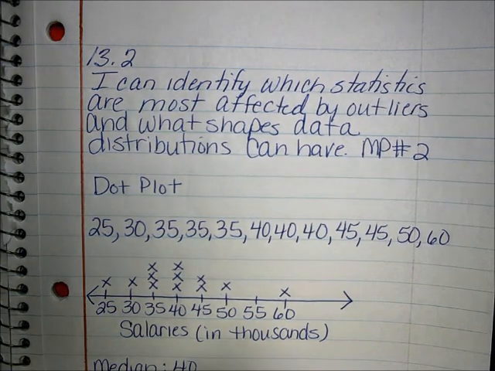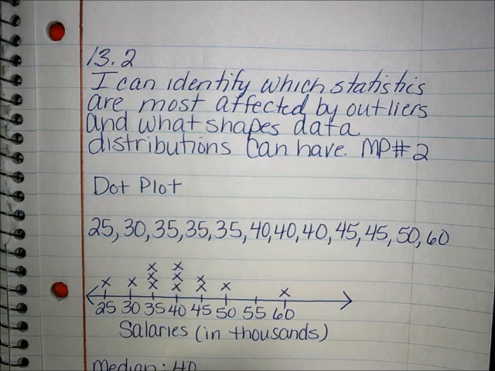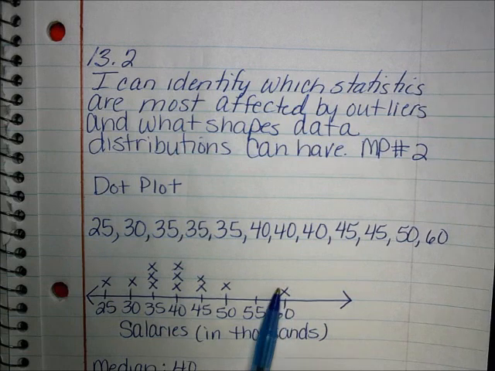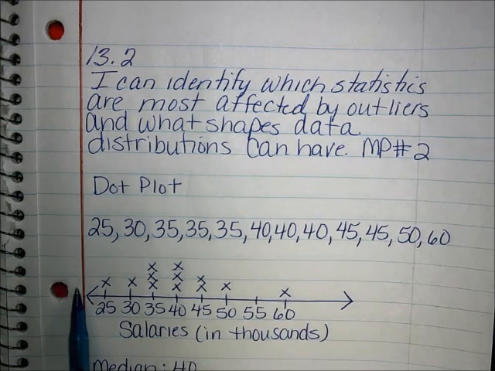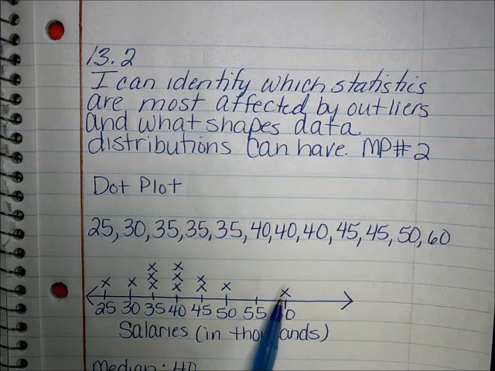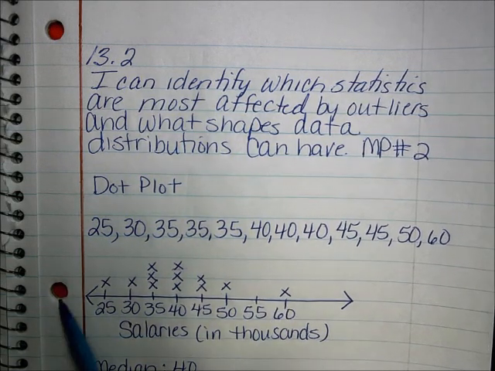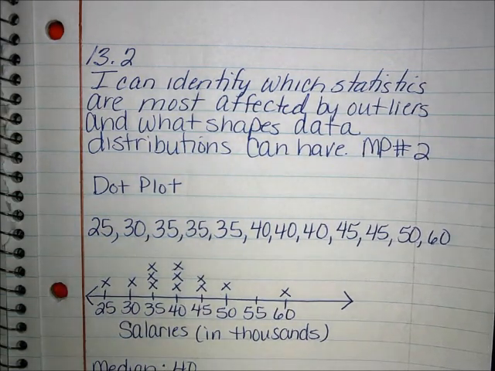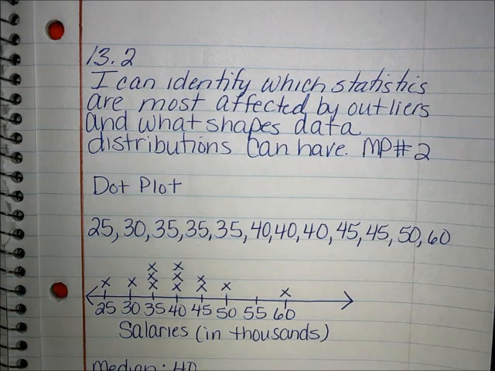Now, to be an outlier, you have to be a data value that is either much greater or much less than most of the other values. Okay, so much greater or much less than most of the other values. And like I said, there is a mathematical way of actually calculating that.